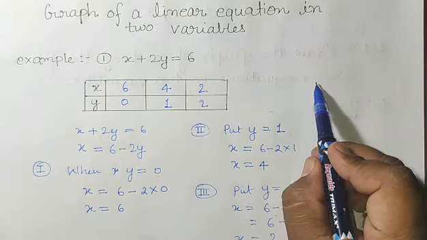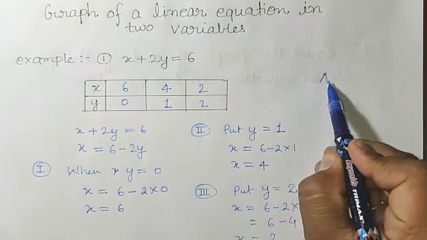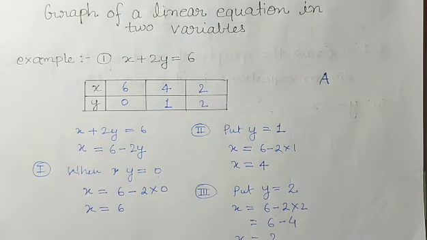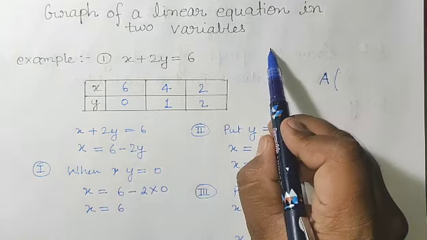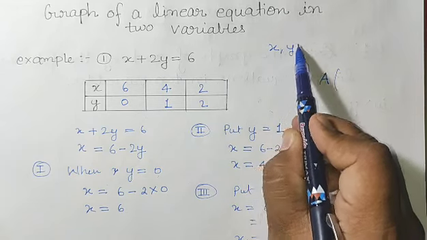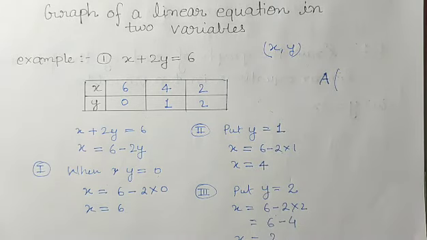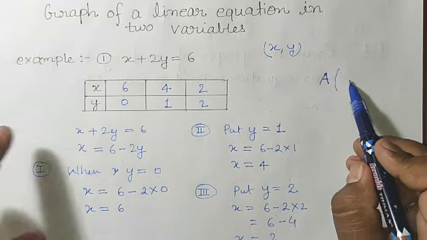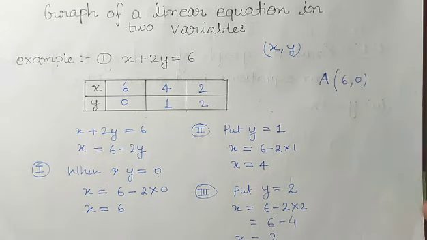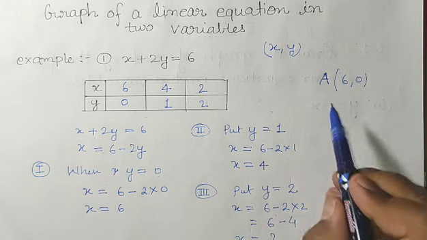Here I am giving a name to the first solution. Suppose I represent it as A. And what is A? A is x comma y. Whenever we write a solution, it will be an ordered pair like x comma y. So the value of A is 6 comma 0. Okay, it is the first solution.